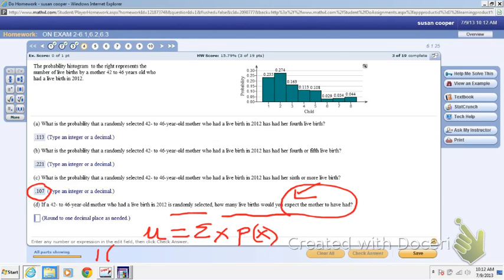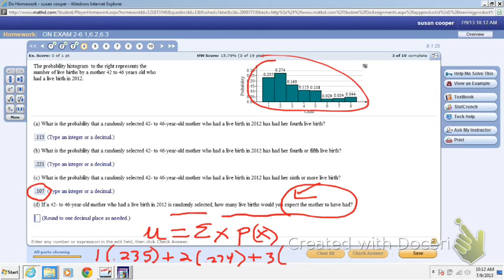So basically you're going to take 1 times its corresponding probability plus 2, and see I'm reading this off from here, plus 2 times its corresponding probability, which is 0.274, plus 3 times its corresponding probability, which you see here is 0.163, dot, dot, dot, and do that all the way out till you get to 8, times its corresponding probability, 0.044. I'll let you carry that on.